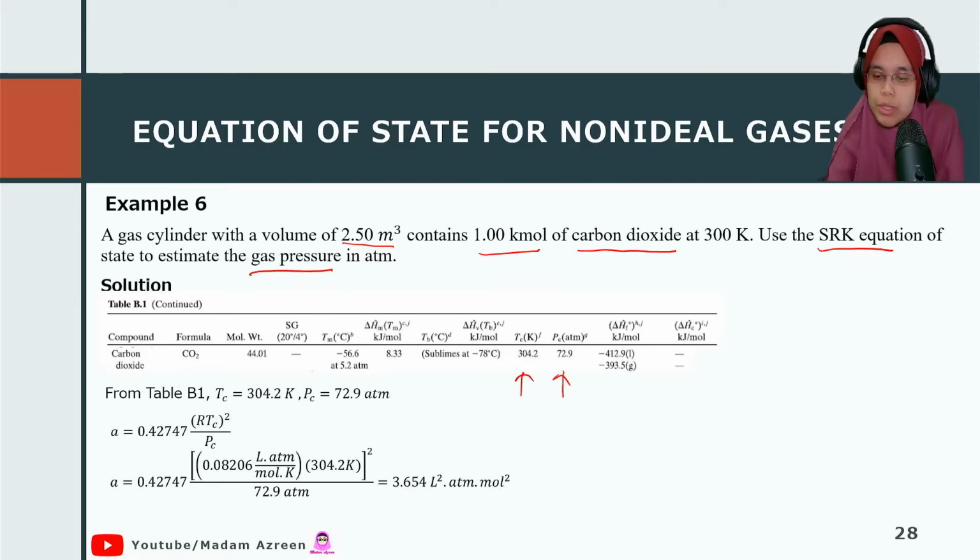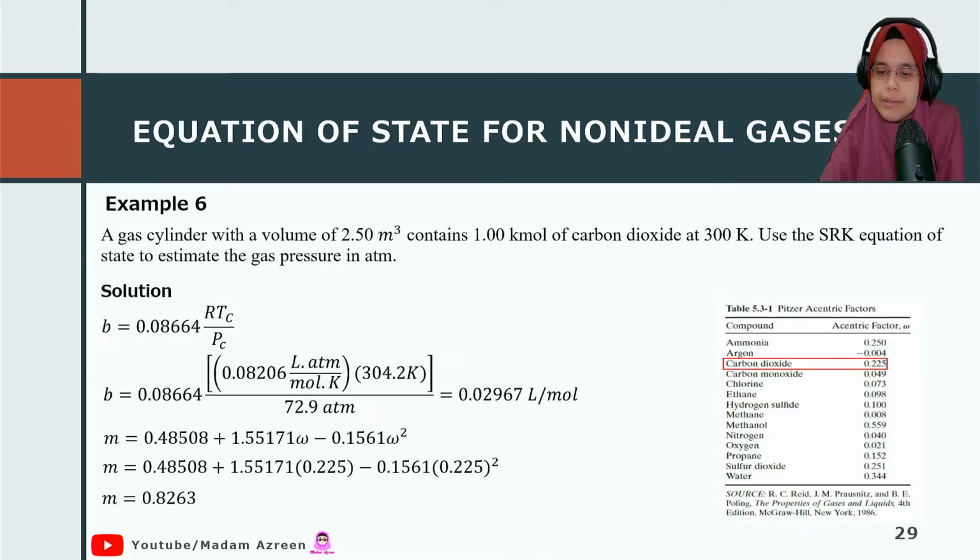So the next thing to do is go to Table B1, and then you can determine the value of critical temperature and critical pressure so that you can get the value of A. Then you can also get the value of B because it uses critical temperature and critical pressure.